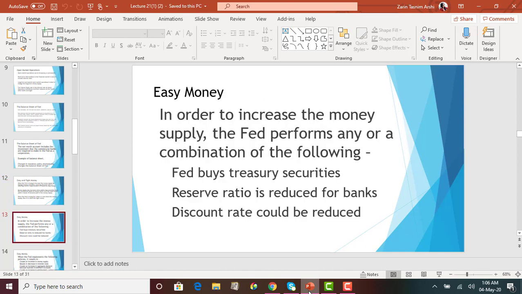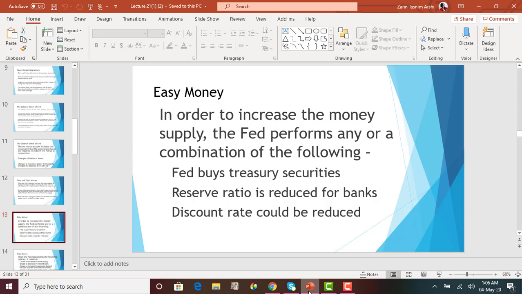So under an easy monetary policy, in order to increase the money supply, the Fed can do any one of the three or a combination of the following based on the major tools. Remember, we learned there are three major tools: reserve requirements, discount rate, and open market operations. So easy monetary policy is when the Fed wants to increase the money supply.